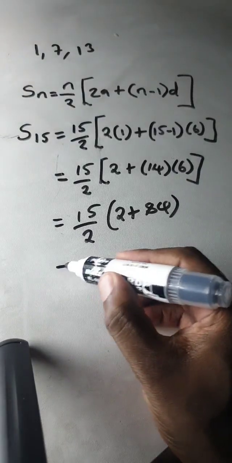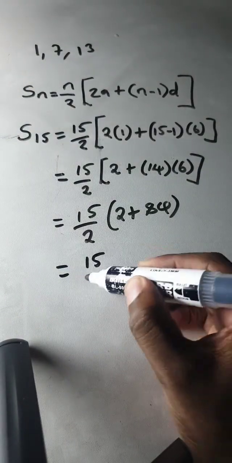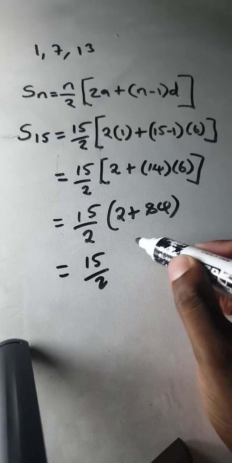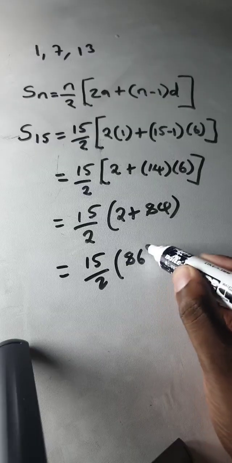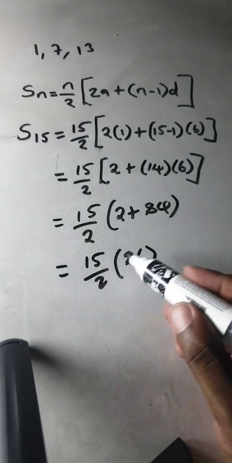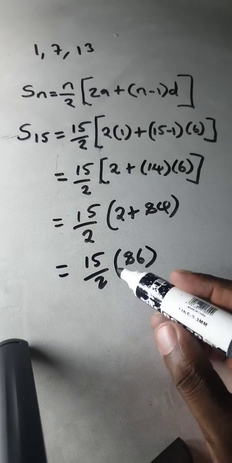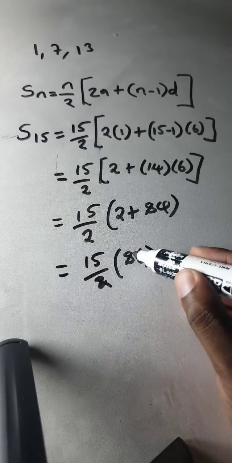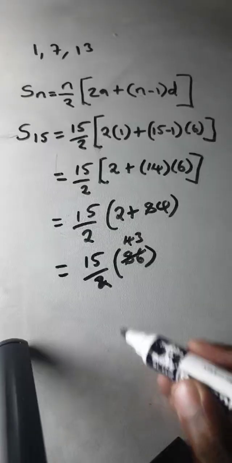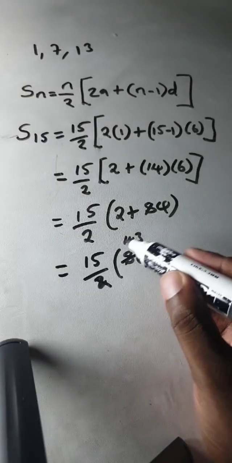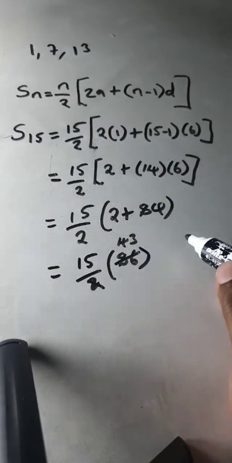Then we say 15 over 2, 2 plus 84 is 86. Then we say 2 into 86, we have 43. So now we're saying 15 times 43, quick math.